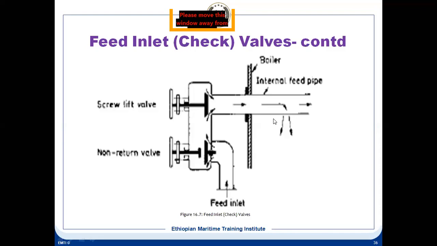In case there is a rupture over here, let's say the feed inlet pipe is ruptured for some reason, or the feed pump has tripped off, high pressure water and steam from the boiler cannot flow back into the feed line. You have the non-return valve, which will obviously shut immediately.